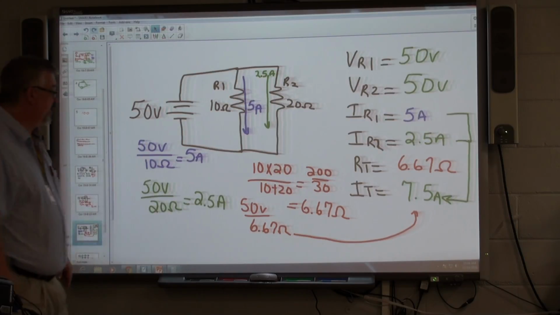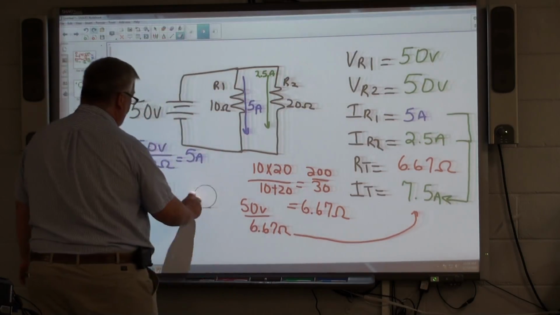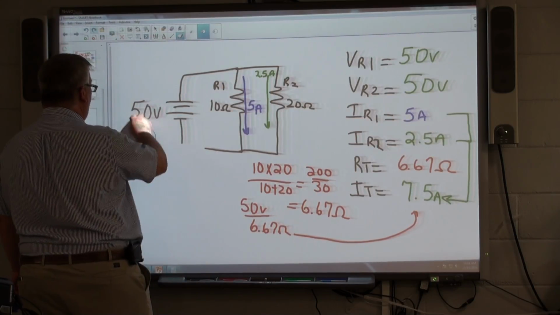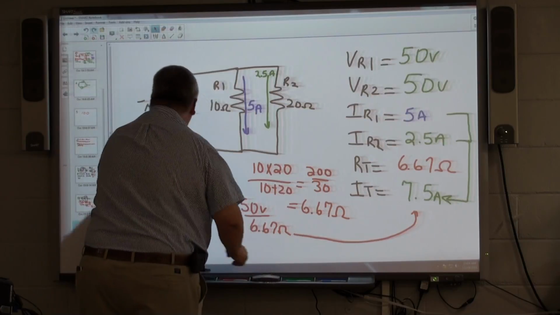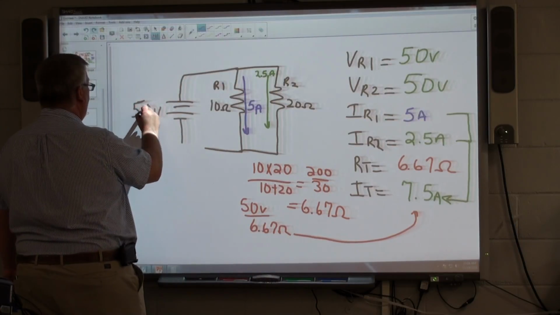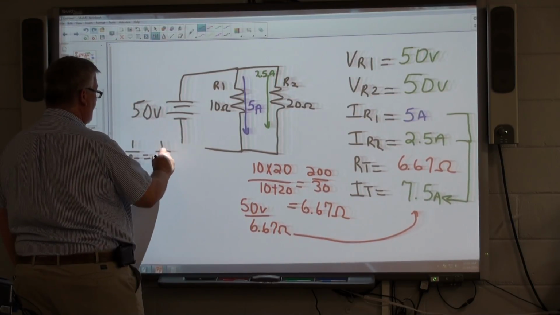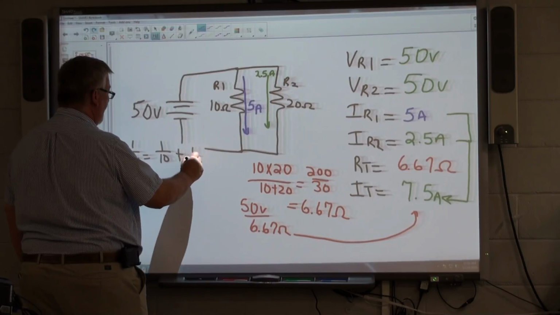We did product over sum over here. Let's do reciprocal. We'll do the long-handed. We did the long-handed reciprocal a while ago. 1 over RT equals 1 over 10 plus 1 over 20.